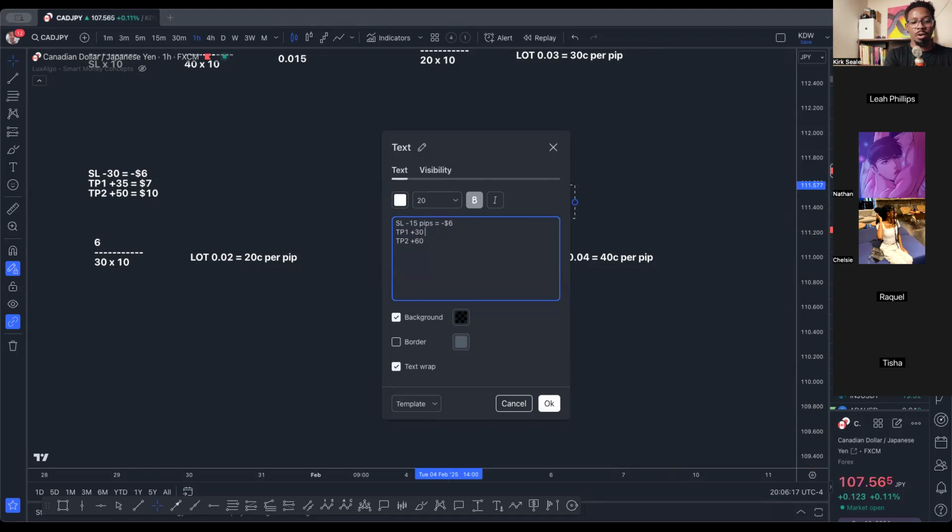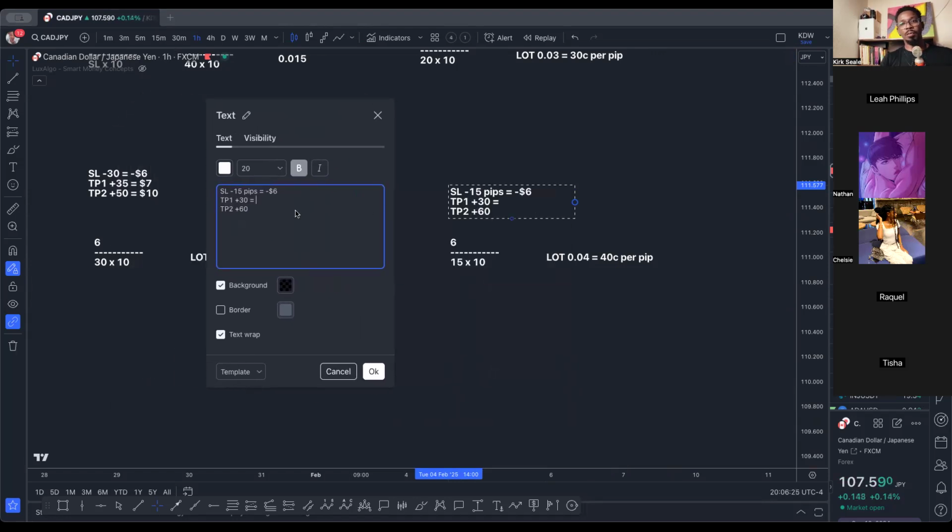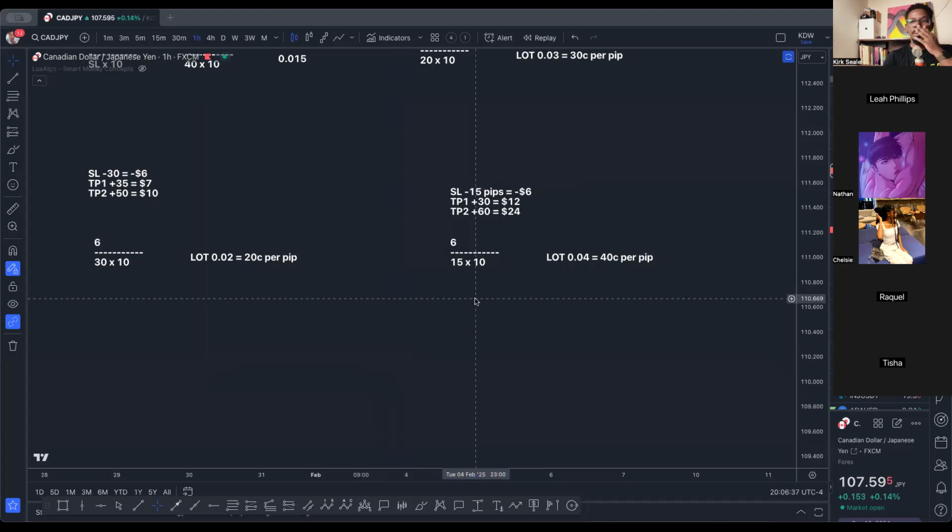Your take profit one, however, right? It's 30 pips. So that is now 30 multiplied by 40 cents, which is $12. And then take profit two would have been $24.